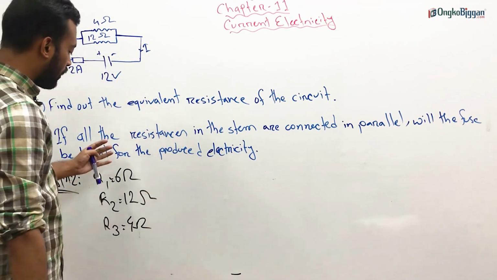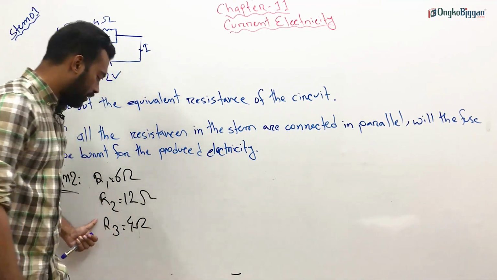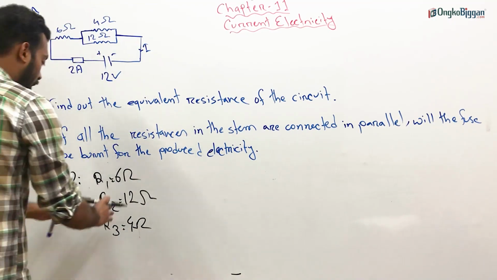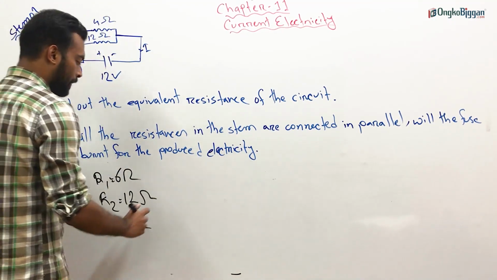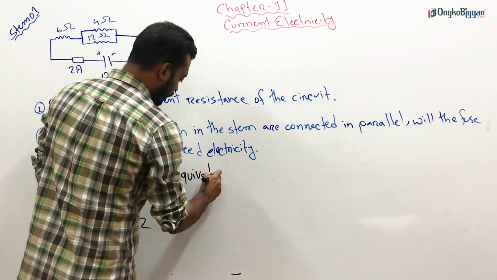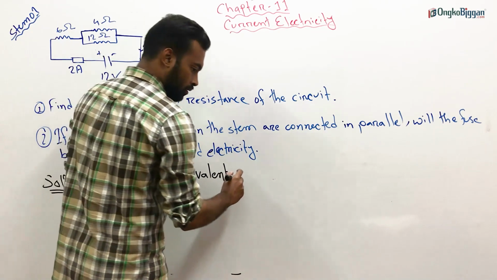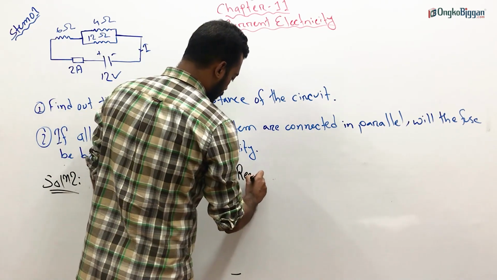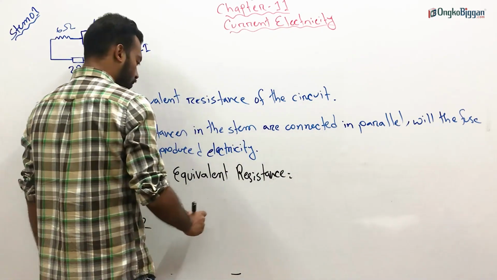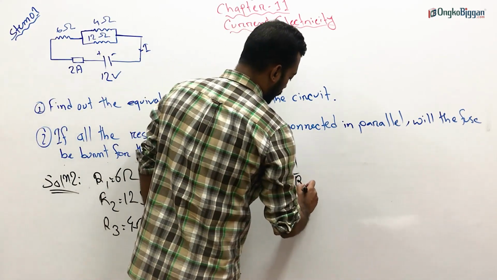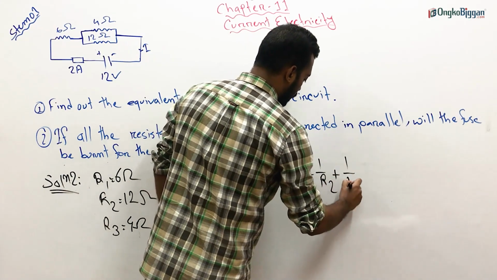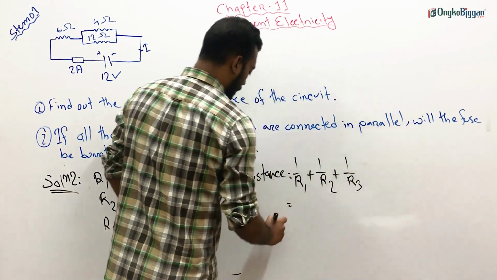If these are in parallel connection, then the equivalent resistance is 1 by Rp equal to 1 by R1 plus 1 by R2 plus 1 by R3.